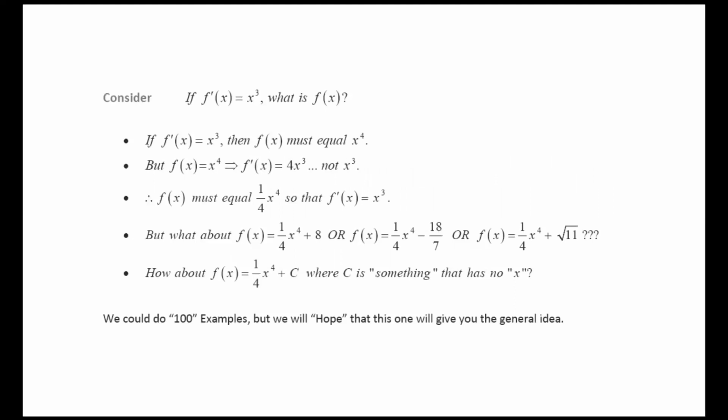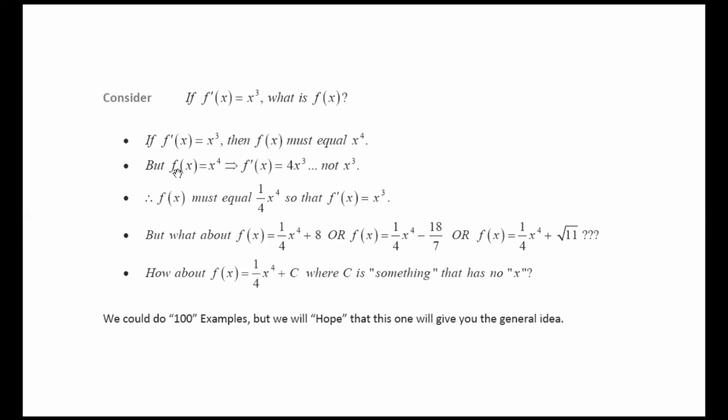Let's consider the following. You're given the fact that the derivative of a function, f prime of x, is x cubed, and our task is to find the original function. So if the derivative of the original function is x cubed, then it stands to reason that the original function must have been x to the fourth.